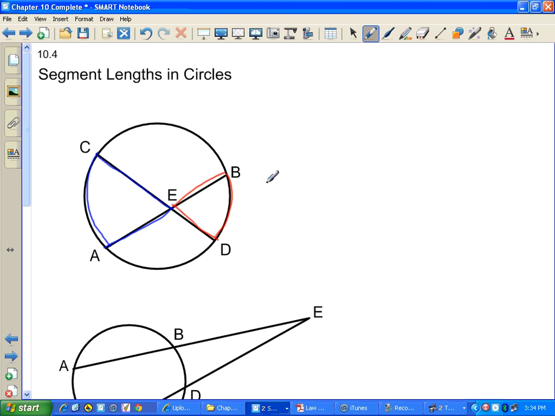Now, if we said that these were similar, then we could set up a proportion.